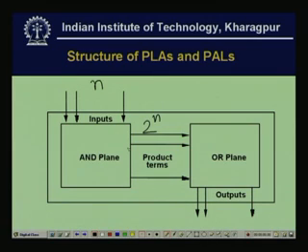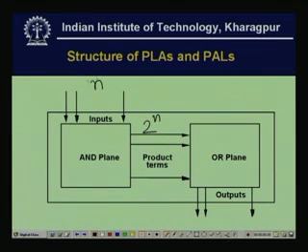These are all min terms and they are fed to the OR plane. What is the function of this OR plane? The OR plane will select some of the min terms from these 2 to the power n min terms, and it will OR them, taking the sum to give an output.